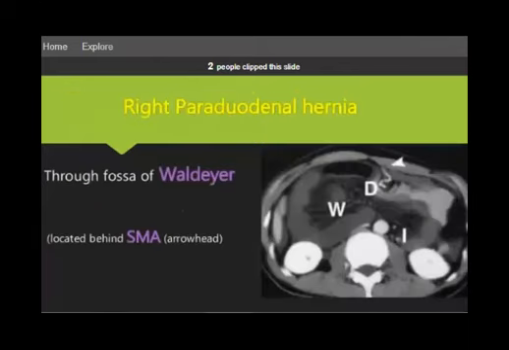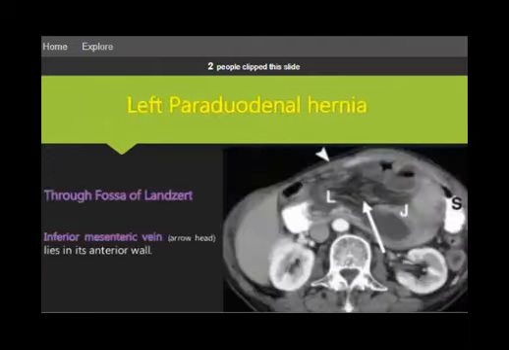Right paraduodenal hernia, fossa of Waldeyer. It is behind the superior mesenteric artery. Left paraduodenal hernia, we mentioned it before, through the fossa of Landzert. Inferior mesenteric vein lies in its anterior wall.